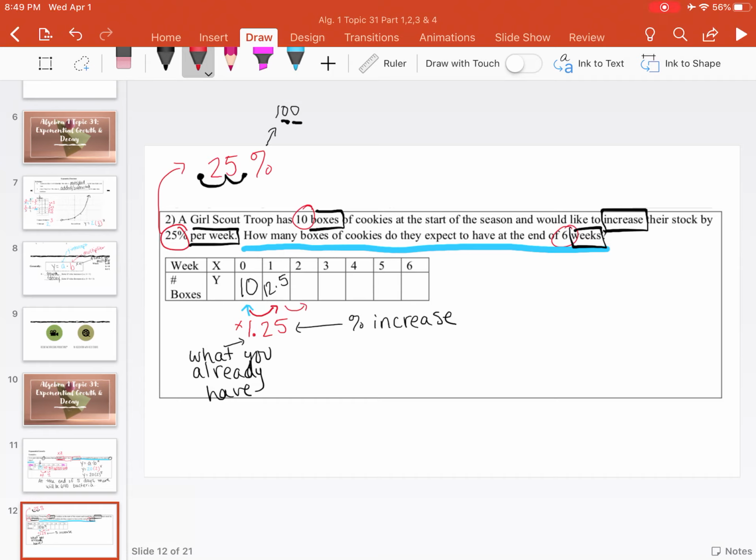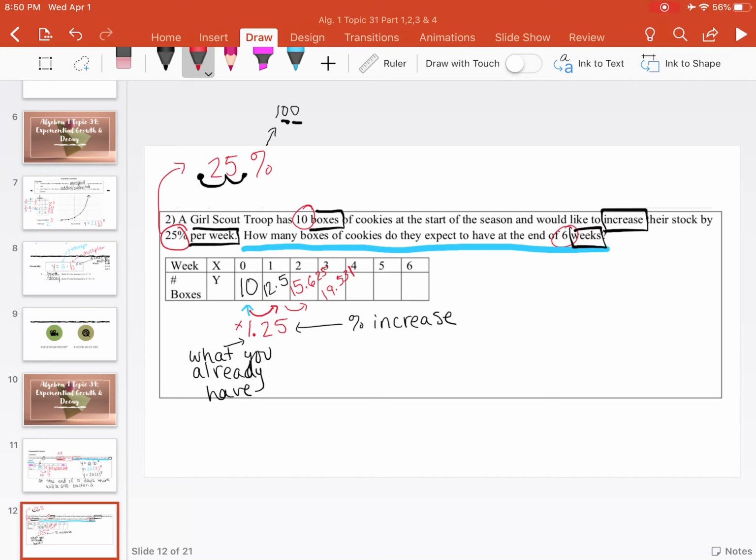So we're going to keep multiplying by 1.25 every single time, and we want to figure out how many boxes of cookies we will have at the end of 6 weeks. So our next one will get 15.625. Our next one will get 19.531. Now I'm starting to round to the nearest thousandth here.